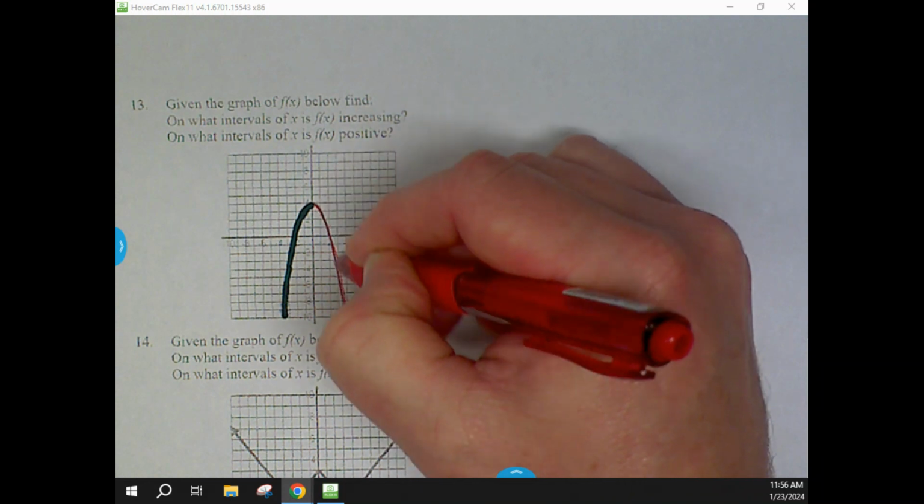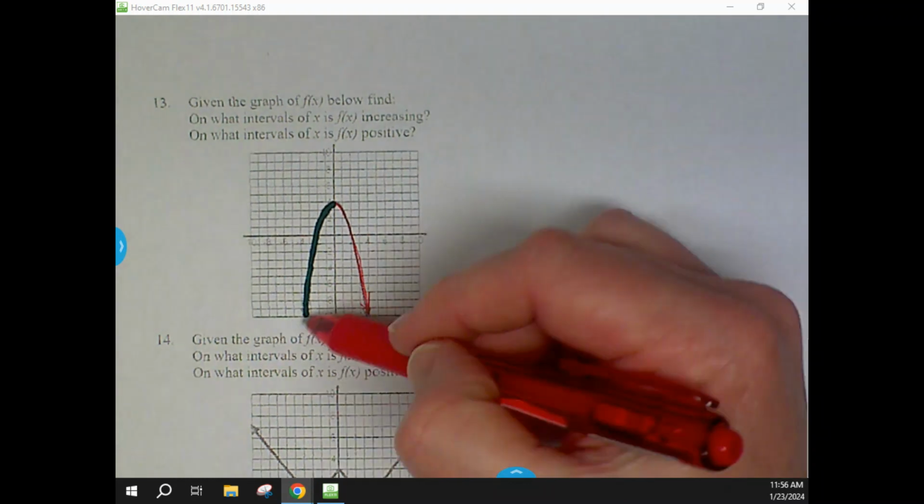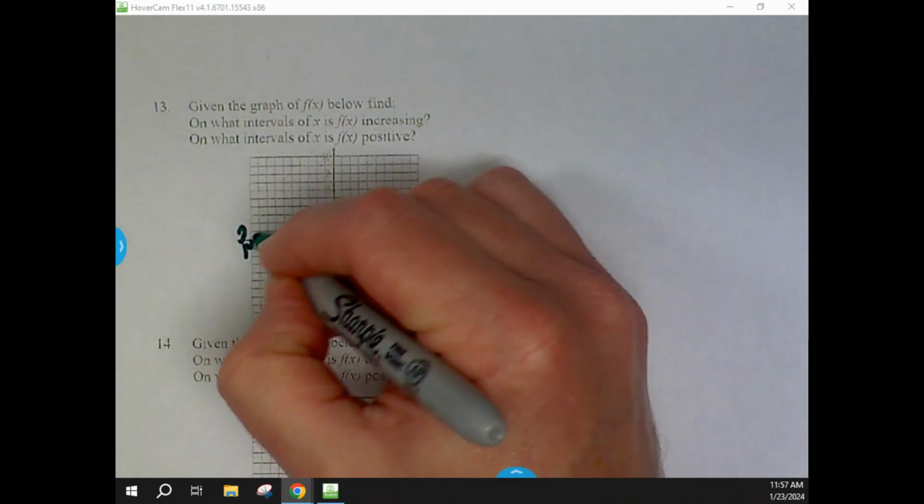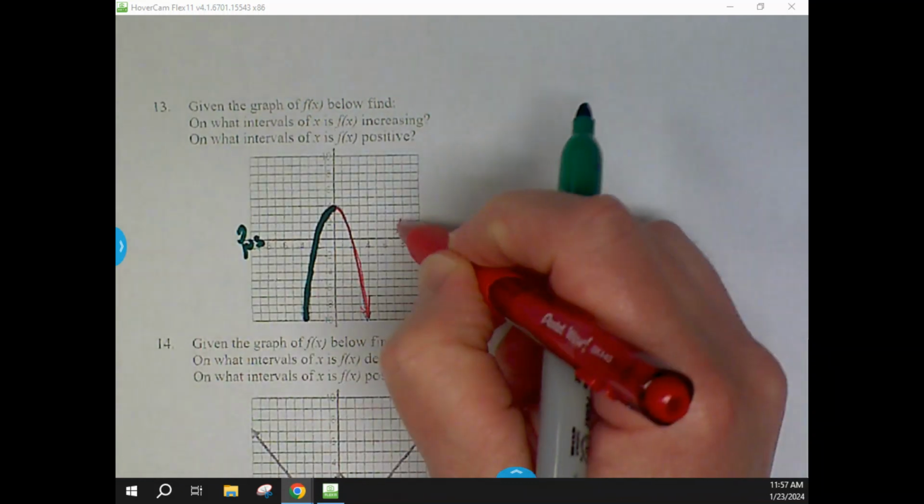So then that part's going to be negative. Okay, so most people go, okay, well, I can see it now. All right, so I'm going up over here. I'm going down over here. So this part's going to be positive, and then this part's going to be negative. Okay, so finding that part's pretty easy if you look at it and figure it out. Describing it's going to be a little bit tougher.